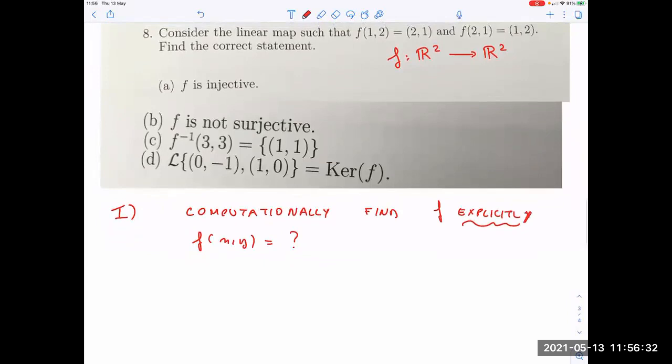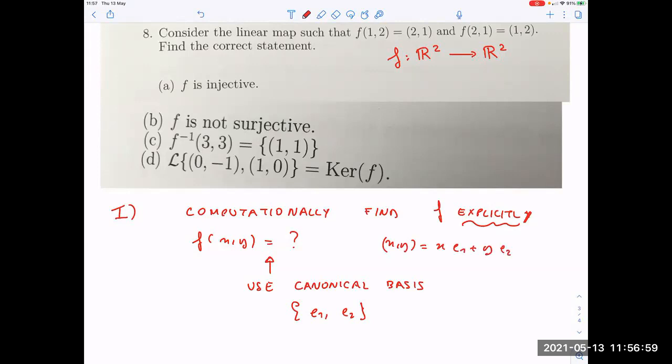Well, in order to do this, you need to use the canonical basis, E1, E2, because xy is just x E1 plus y E2.